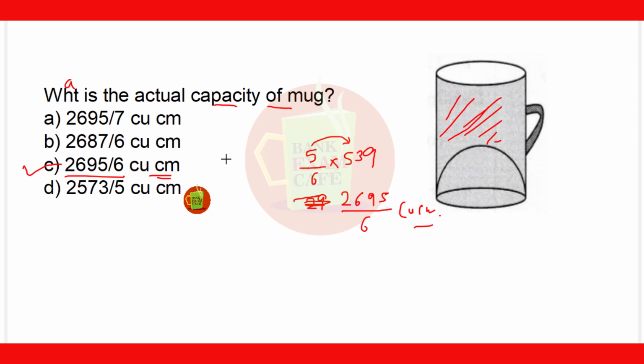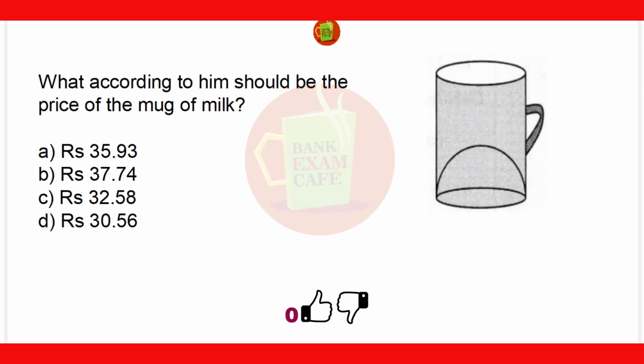Now let us move to the next question. What according to him should be the price of the mug of milk? What should be the actual price of the mug of milk that we have to calculate? So here how will you calculate it? For 1 liter the charge is 80 rupees.